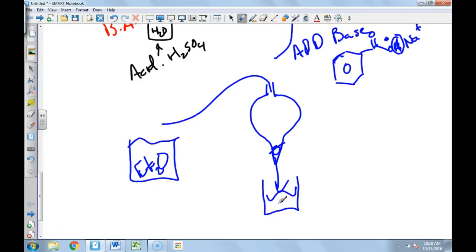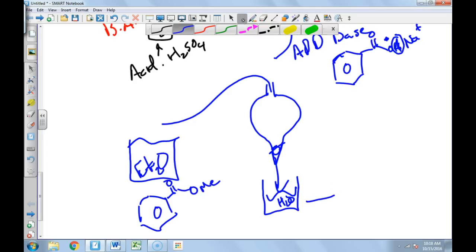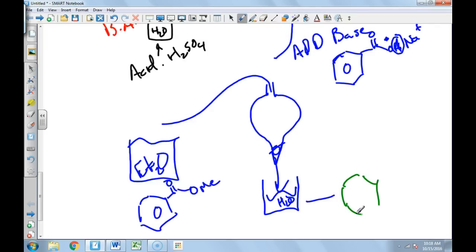So this is your ether layer, and this is your water layer. In here will be primarily your methyl benzoate, because nothing's really happened to it. And now in here, I'll do this in green, will be your water soluble sodium benzoate.